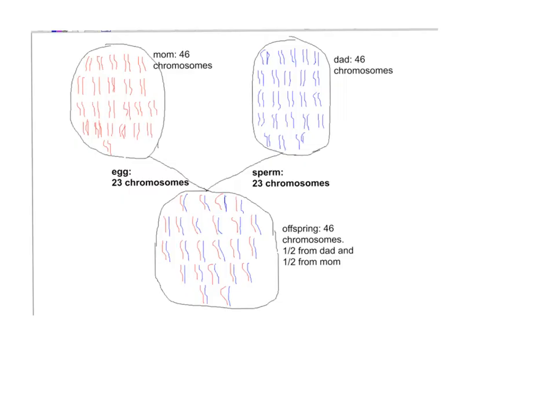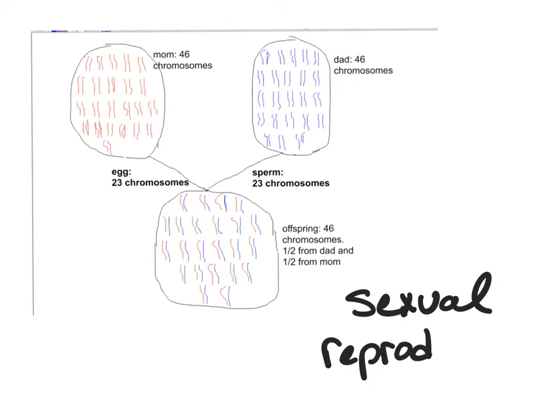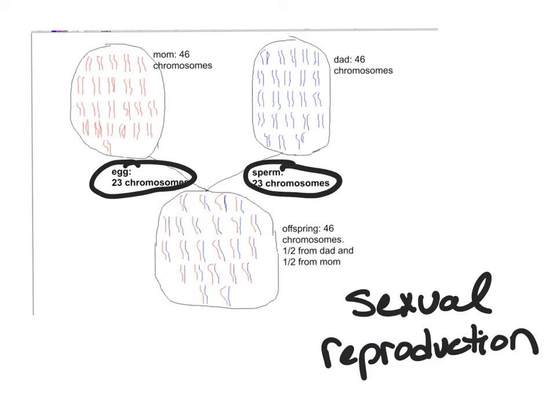So this shows an example of sexual reproduction. As we're talking about our genetics unit, we are talking about two parents passing on their genes or their DNA to offspring. So in the case of egg and sperm production, that is sexual reproduction.